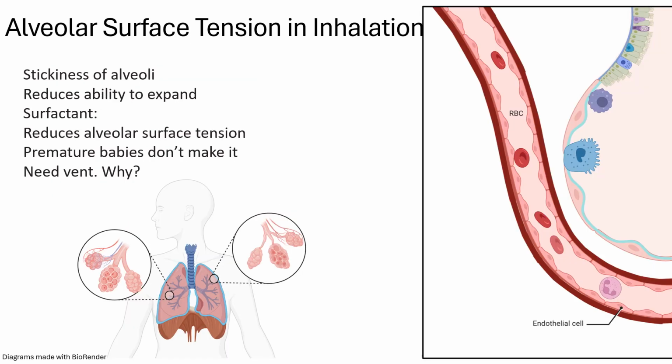Alveolar surface tension refers to the fact that your respiratory membrane is watery. There are water molecules on this side of the alveolus that are strongly attracted to water molecules on the other side of the alveolus. Water molecules like to cohere to each other and form hydrogen bonds.